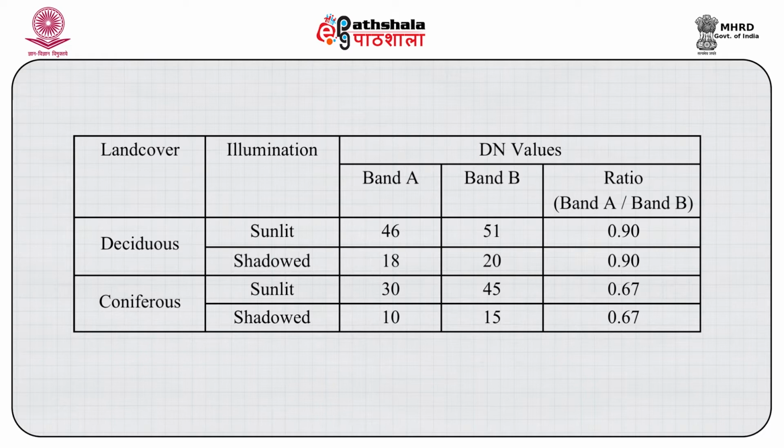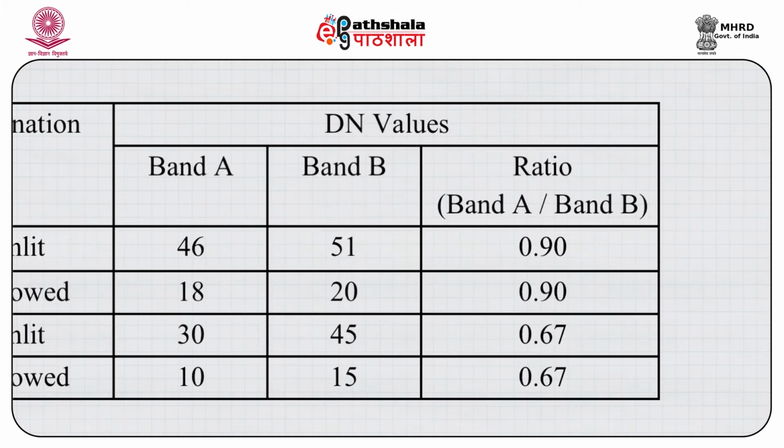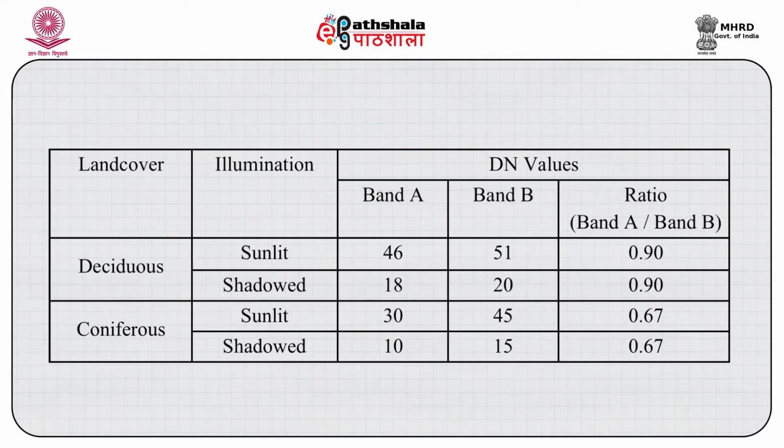Now, as we can see in this table, the DN values that we obtain for deciduous trees in the sunlit area are 46 in band A and 51 in band B, whereas for the same deciduous trees in the shadowed area, the DN values are of the order of 18 and 20. Same is the case in coniferous land features. In the sunlit area we have band A 30, band B 45.